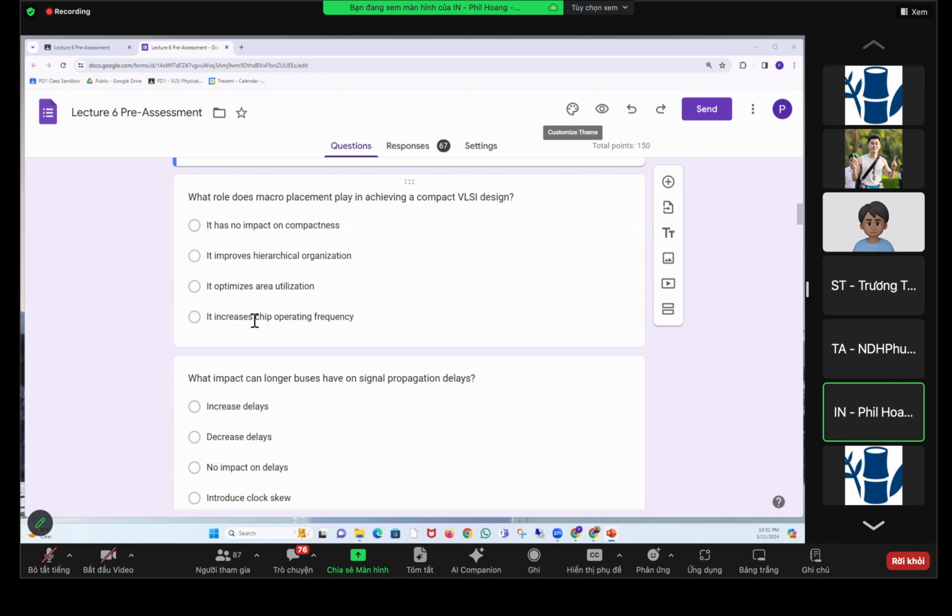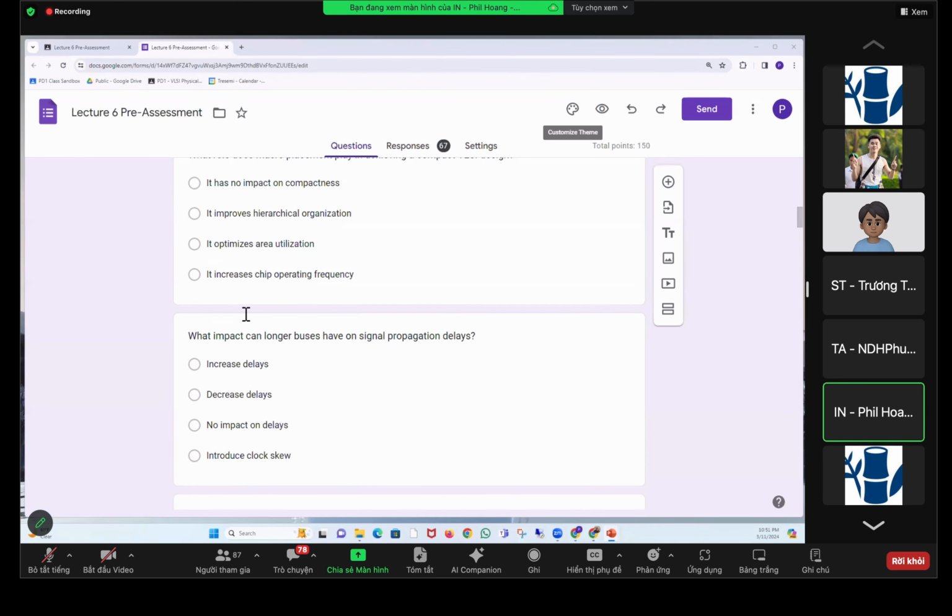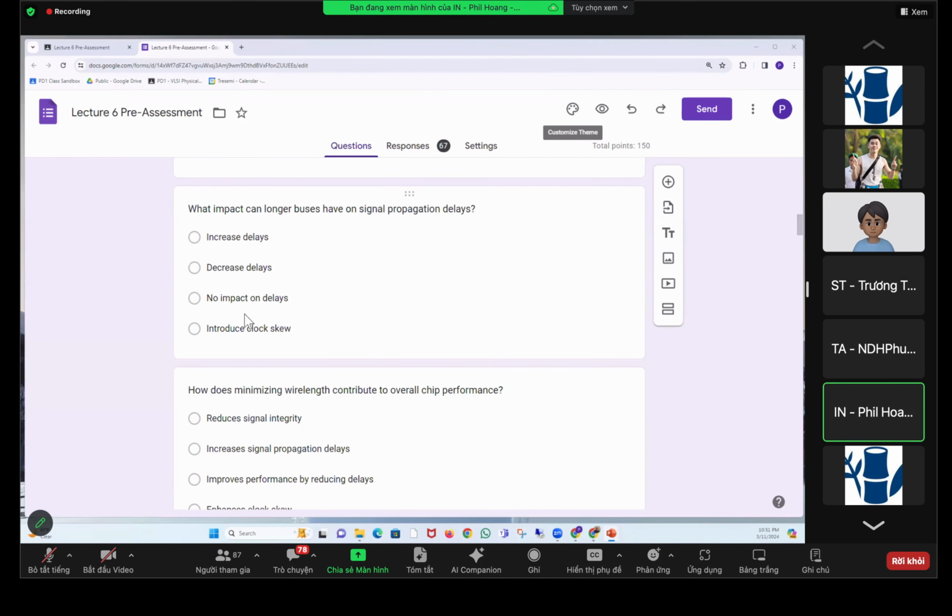This should be an easy answer. The answer is C. What impact can longer buses have on the signal propagation delays?